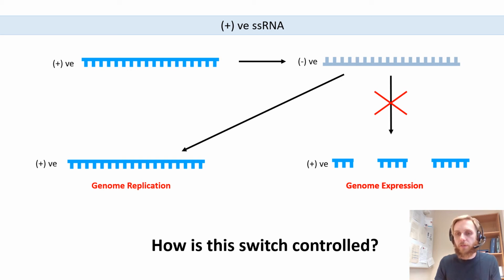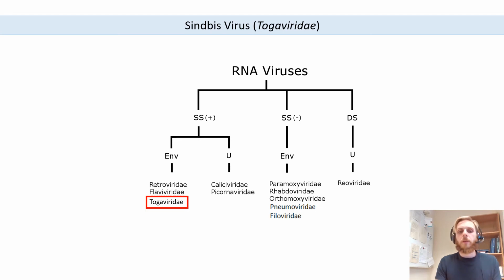How does the virus go from producing these short subgenomic fragments of positive sense single-stranded RNA to producing full-length genome copies, which are composed of positive sense single-stranded RNA?